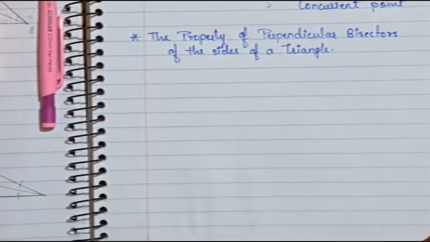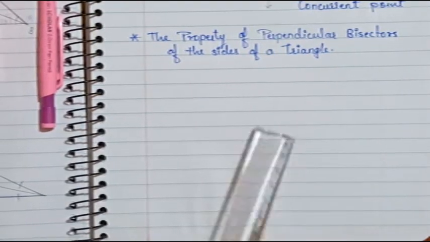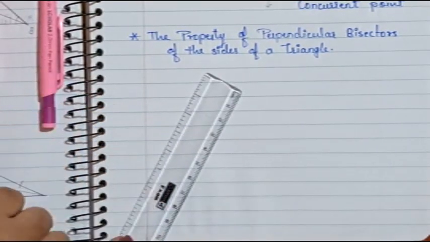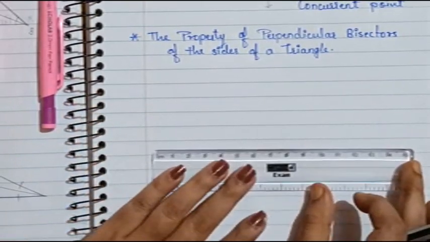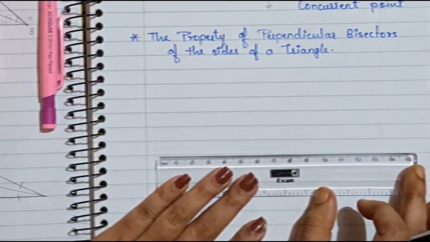Now, students, the very first thing we are supposed to do is to construct a triangle. Okay. So first we will construct a triangle with the help of a scale and a pencil. Okay.